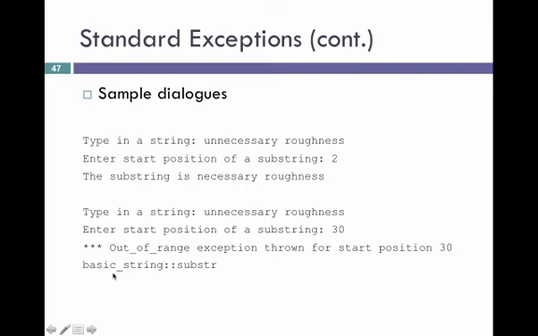And here's some sample dialogues. If you type in a string "unnecessary roughness" and we enter the start position of 2, then the substring is "necessary roughness". But if we enter that string and say a start position of 30, which is longer than the length of the string, then we'll receive this error message.